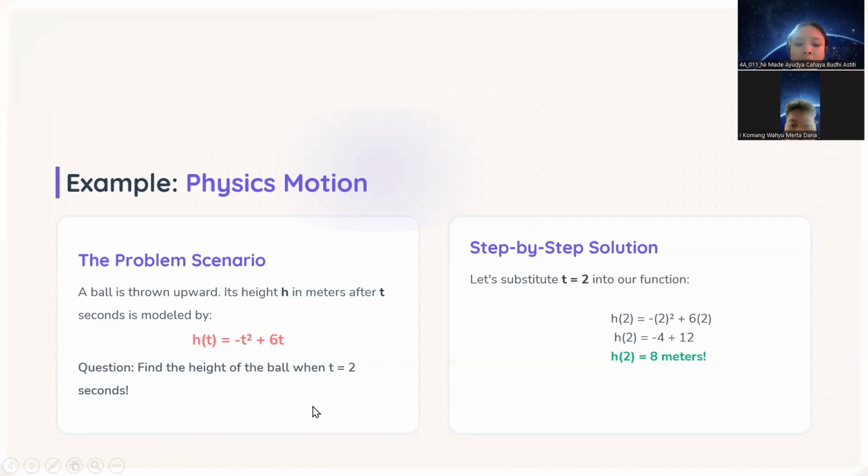The step by step solution is: we substitute the value of t, which is 2, into our function. So the formula becomes negative 2 squared plus 6 times 2, which equals negative 4 plus 12, and that equals 8. Therefore the height h is 8 meters.